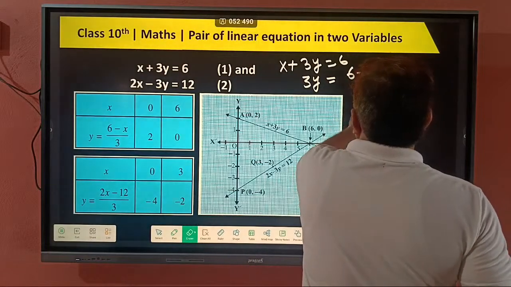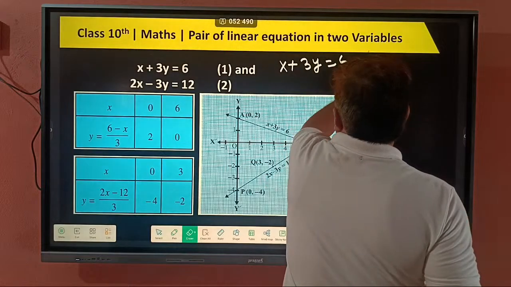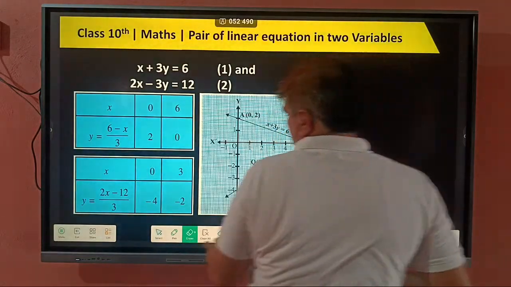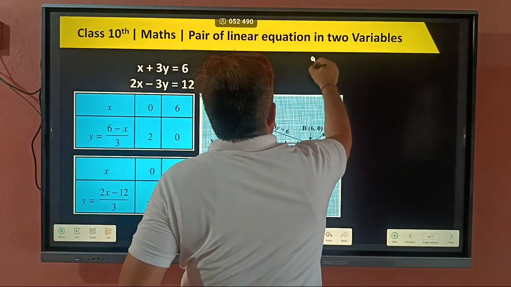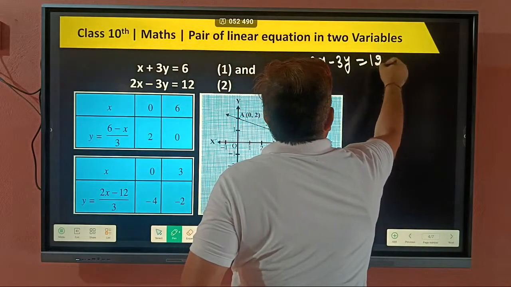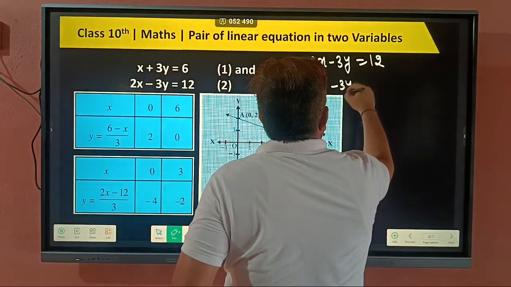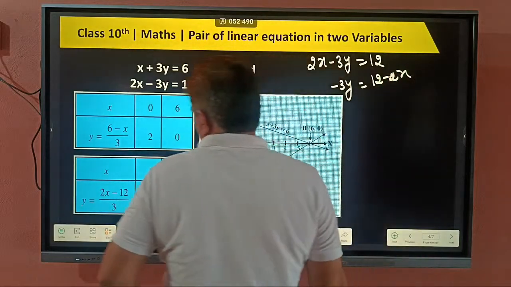So what's the other linear equation in two variables? 2x minus 3y equal to 12. So minus 3y is equal to 12 minus 2x.